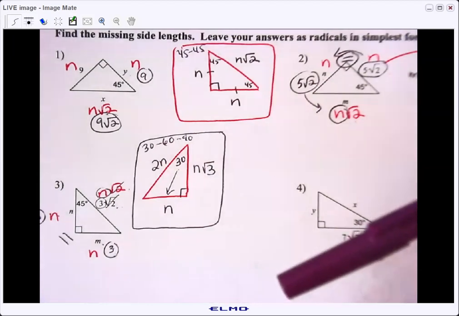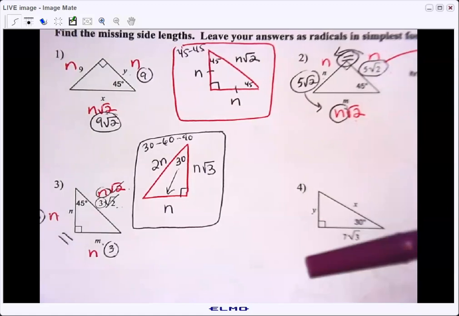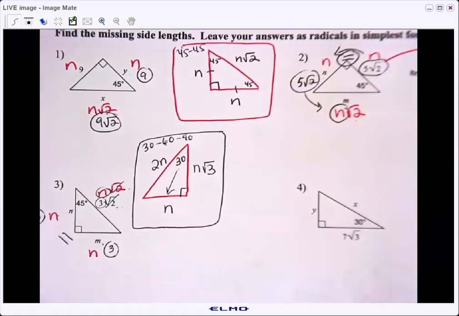So if you don't have both of these together, take a picture, put them on the same paper, so that now we can look at these as well. Anybody still writing?